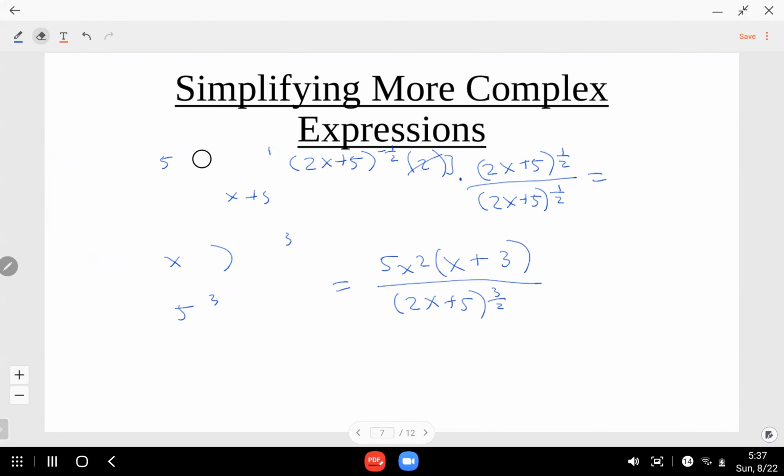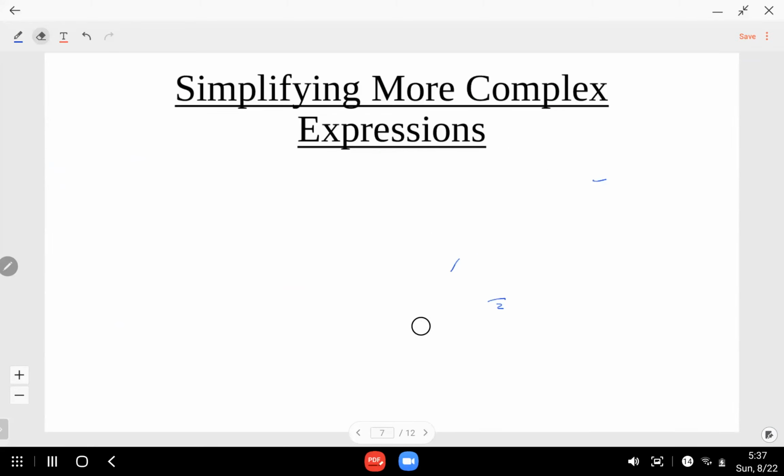Okay, example. And be careful on this one. All right, so our example is, please write this down while I'm writing it. 4x cubed times 2x plus 1 to the 1/3 minus x to the 4th. All right, there's no bracket yet.